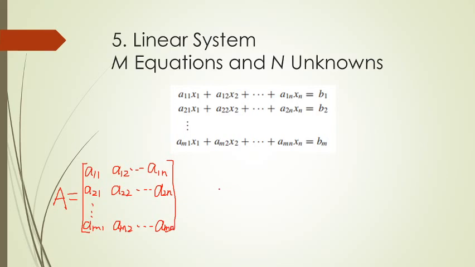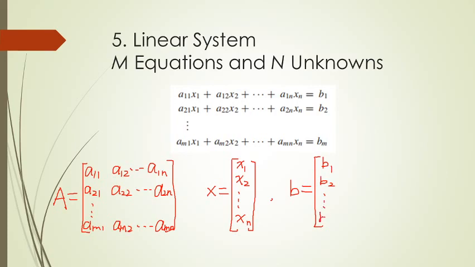And then I can write the x as a column vector x1, x2, xn. And then the right side constant b also as a column vector b1, b2 until bm. Then this A is an m by n matrix.